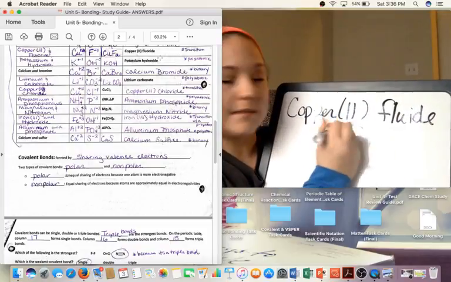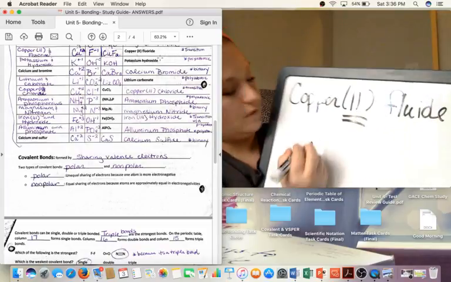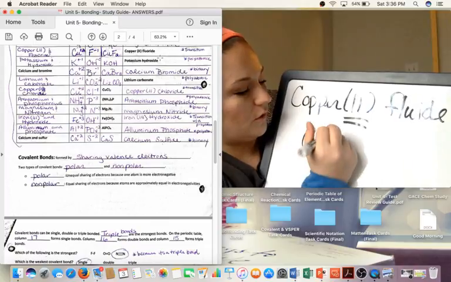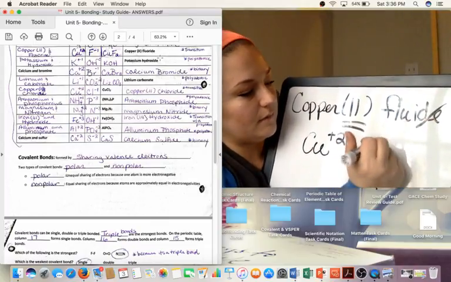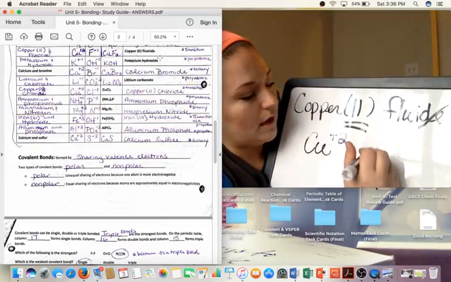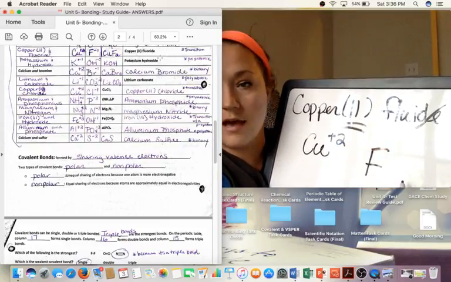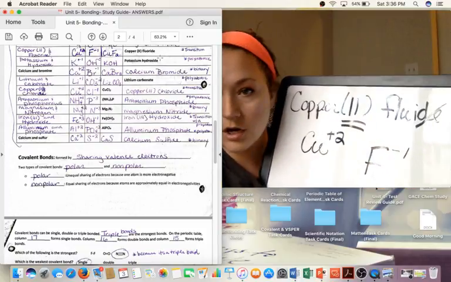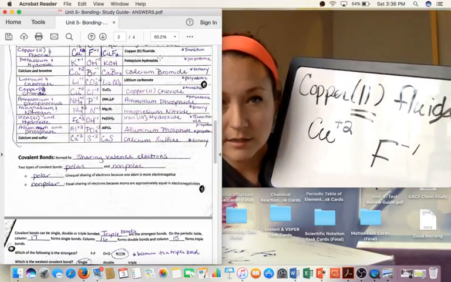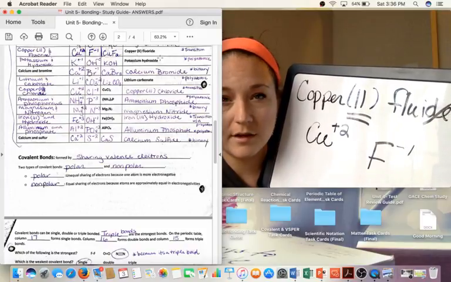Copper, they tell you what charge it has. So that is going to be Cu plus 2. Then drop the IDE, and that is fluorine, and his symbol is just F. And he has a -1 charge. Remember, I get this charge from looking at the periodic table.